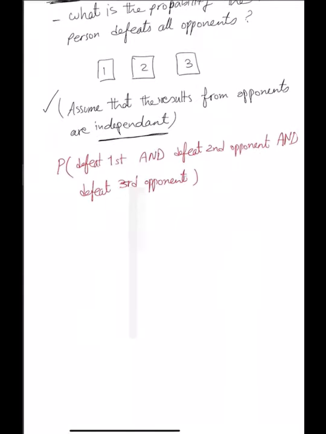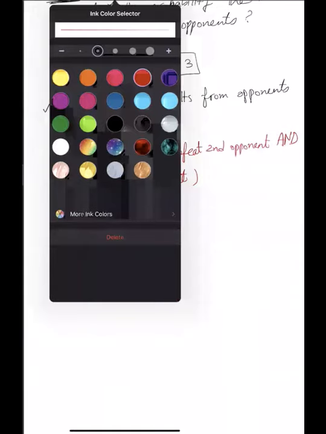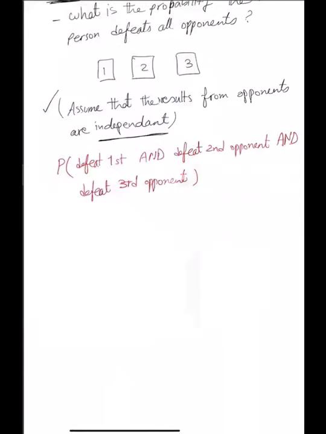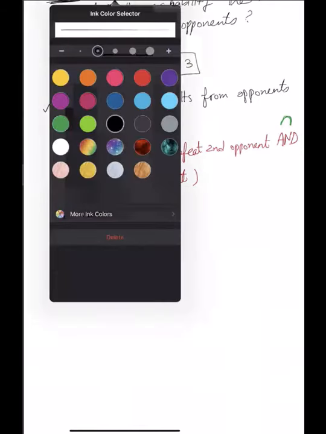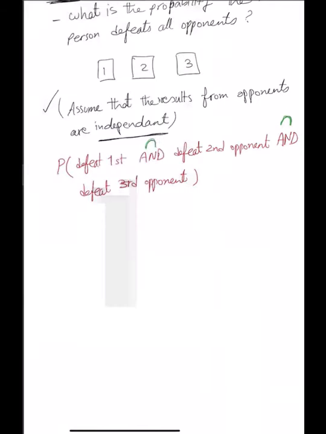The and part is basically the intersection. So then how do you write it? Defeating the first opponent and second opponent and third opponent.